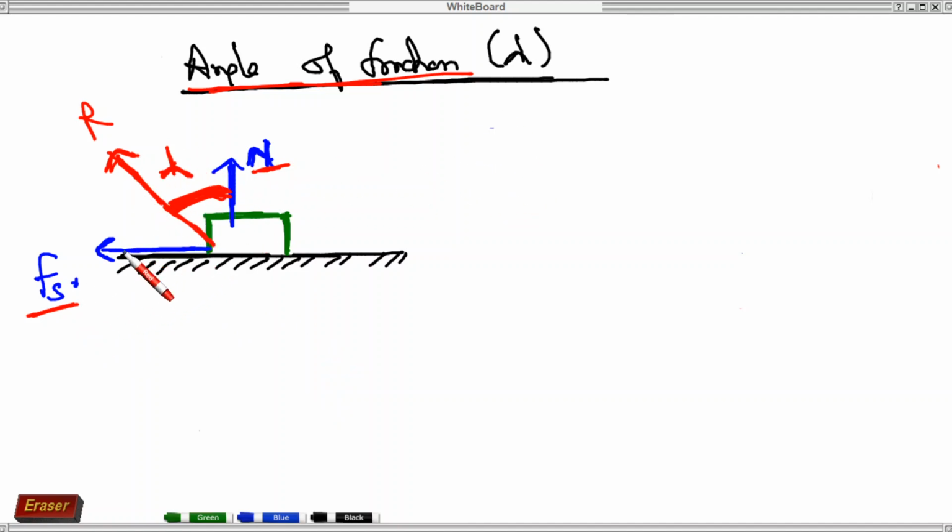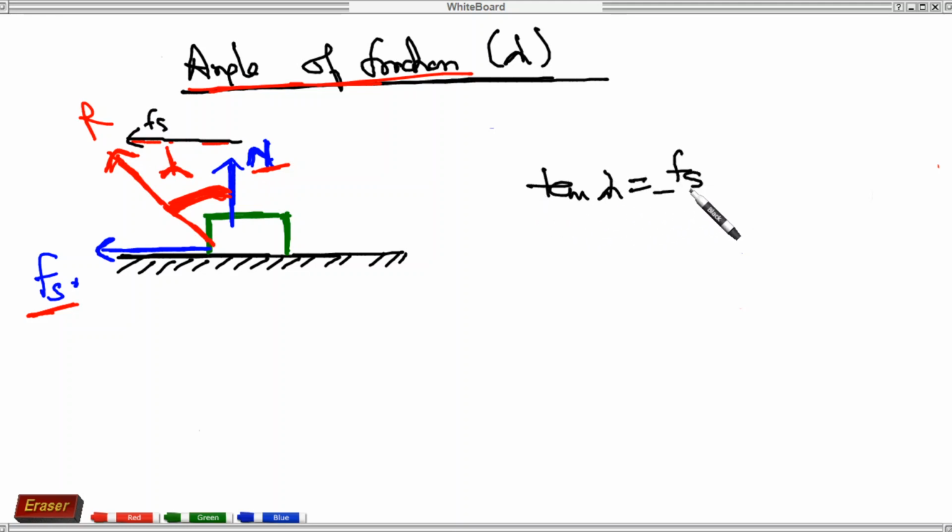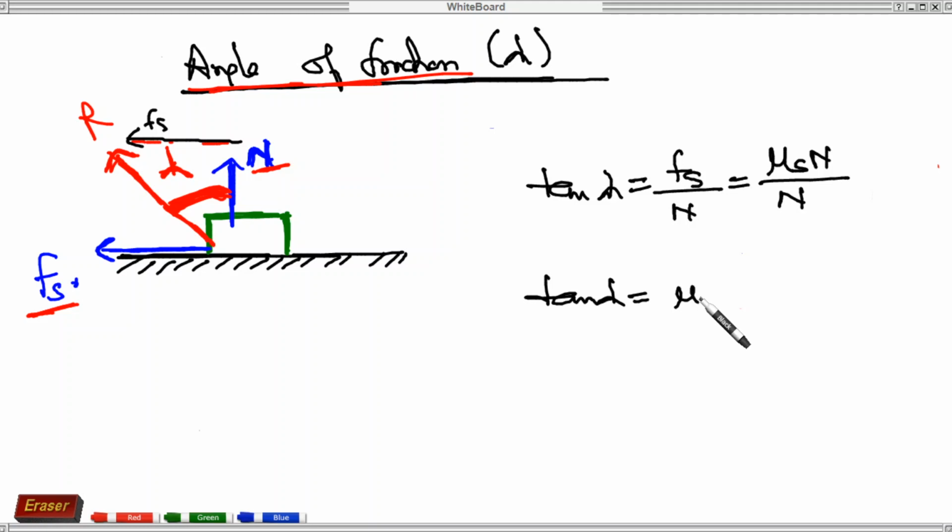You can see this is for Fs and N. So what will be tan lambda? That will be Fs over N. And what is Fs? Fs is mu s into N, upon N. So tan lambda is equal to mu s. So this is the angle of friction.